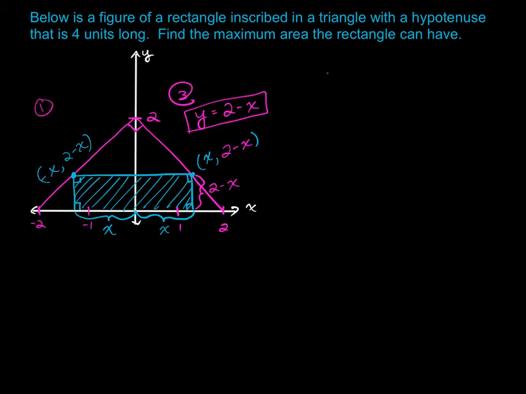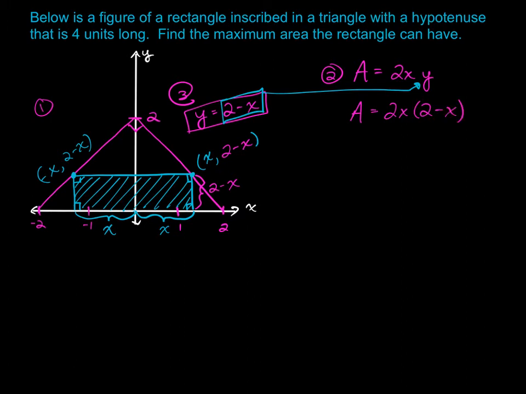And step 2 was to find that optimization equation. So we're trying to maximize the area of a rectangle, and the area of that rectangle is 2x, and we would have just picked y normally, but now we can substitute this 2 minus x in for y to get this. A equals 2x times 2 minus x.